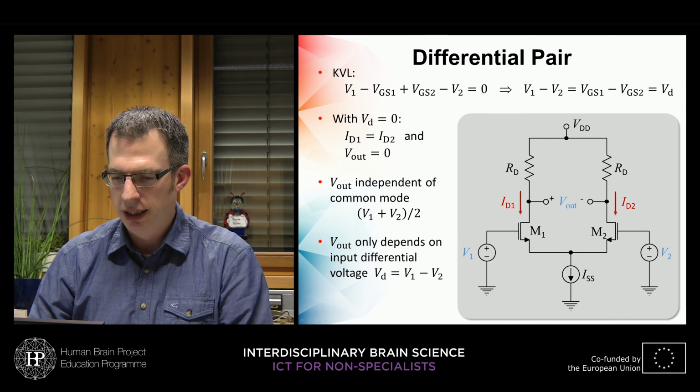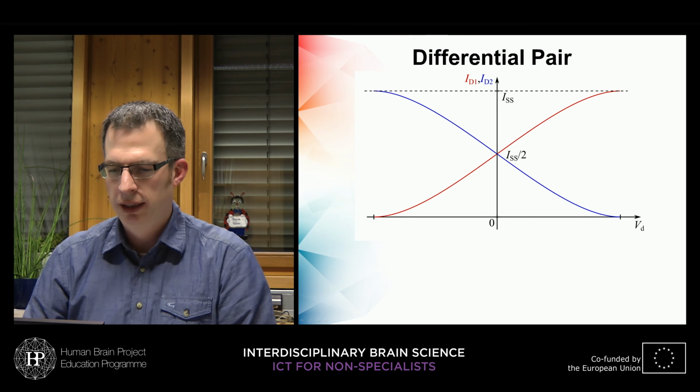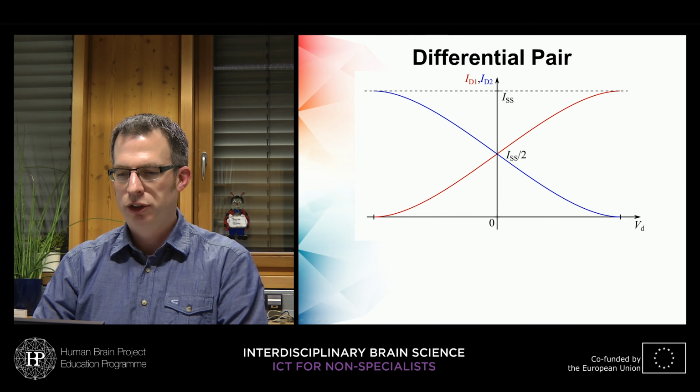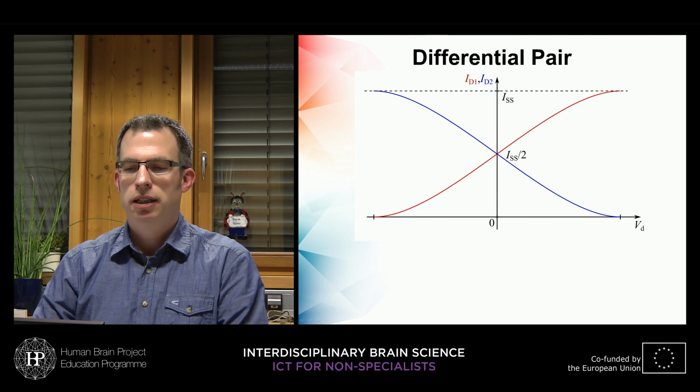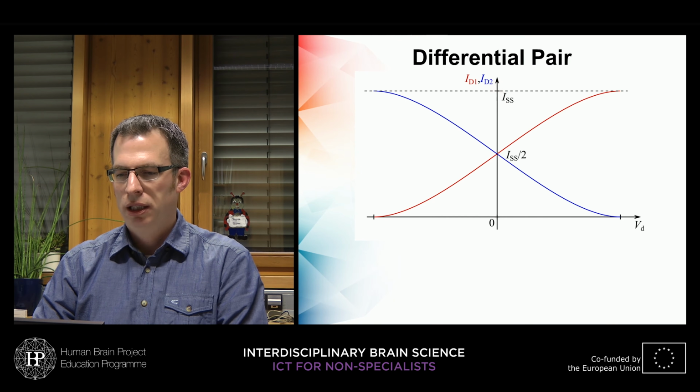I will not go into detail here, but I will show to you how the currents behave with respect to each other. So this is a characteristic showing the output currents, so the drain currents, ID1 and ID2, in dependence of the input differential voltage.